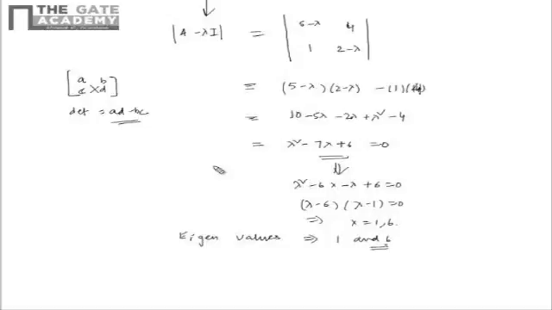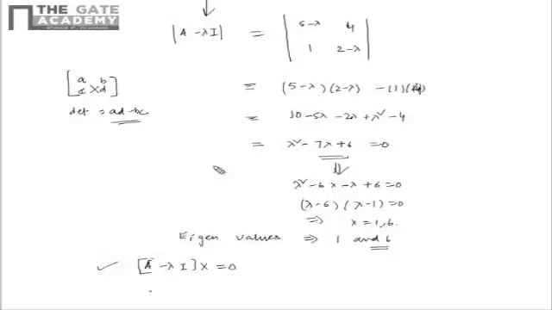Now corresponding to this, let's find out the eigenvector. For the eigenvector, you have to again start from the equation A minus lambda I into x is equal to 0, because from the definition, x is an eigenvector when you substitute the values of lambda in this.